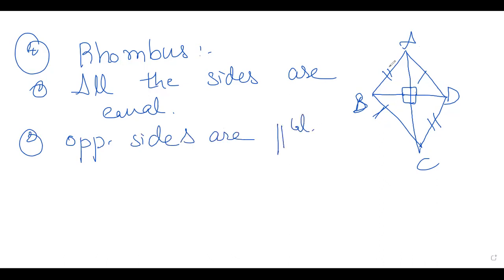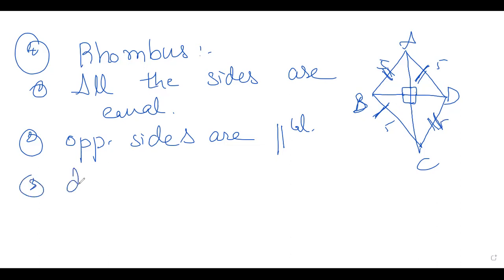Okay, see, what are opposite sides? What is opposite to AB? CD. What is opposite to BC? AD. These will be parallel. In a rhombus all the sides are equal, so all are 5, 5, 5, but opposite sides will be parallel. Understood? So AB is parallel to CD, AD is parallel to BC.